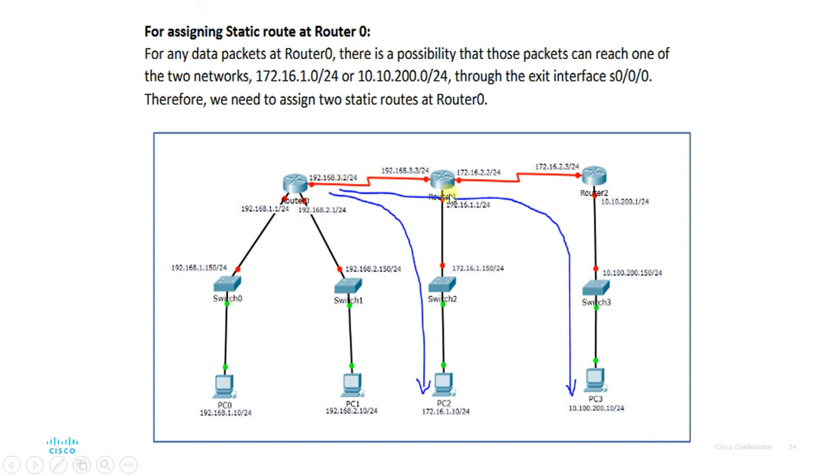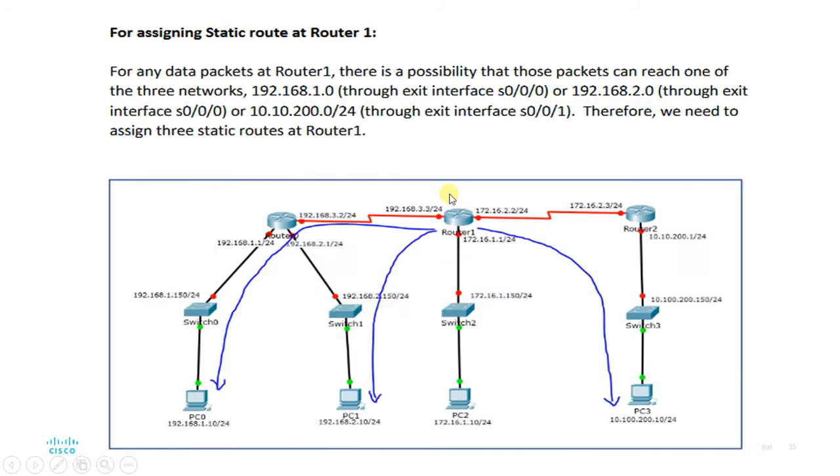Similarly, at router 1, again we have to write the commands for 3 different networks. You can see here for router 1, these three are directly connected networks. This is a remote network, this is also a remote network, and this is also a remote network from router 1. So one IP route command you have to write for this 192.168.1.0 network, one IP route command for the 2.0 network, and one IP route command for the 10.100.200.0 network. Now we have to choose the exit interface from router 1.